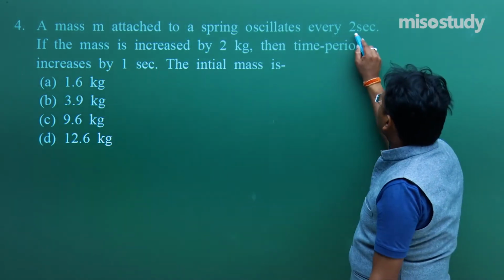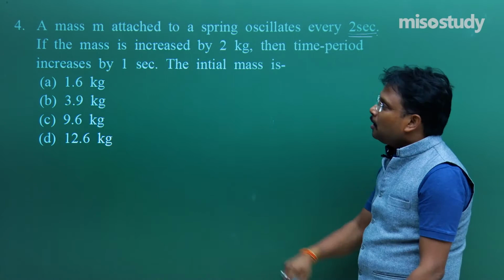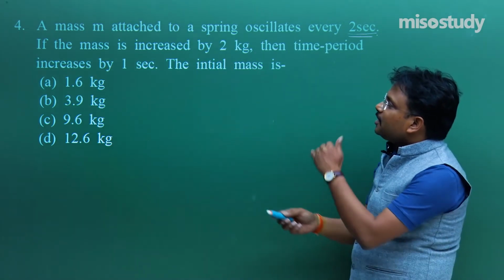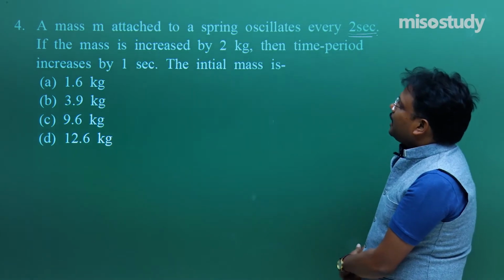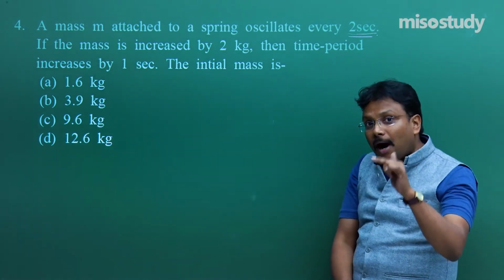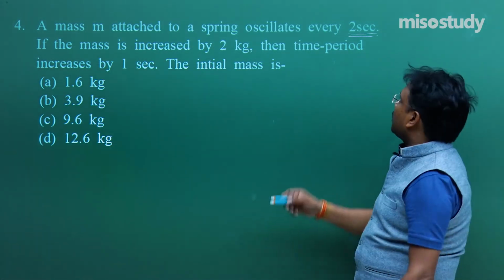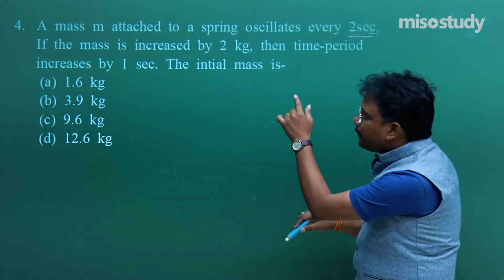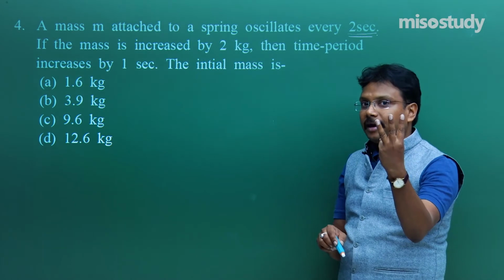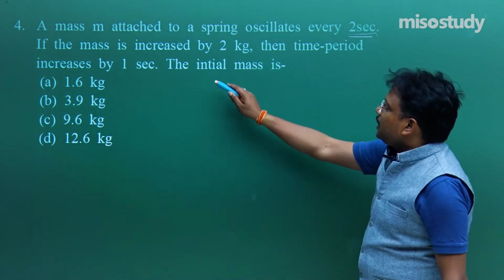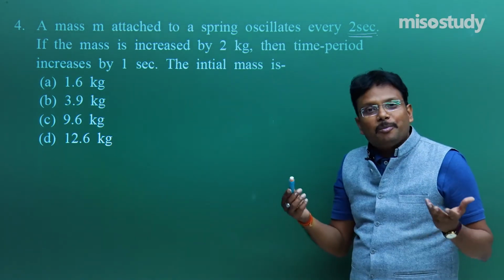Fine. If the mass is increased by 2 kg, then time period increases by 1 second. By 1 second means 2 plus 1, new time period is now 3 seconds, not 1 second. Fine. The initial mass is how much?